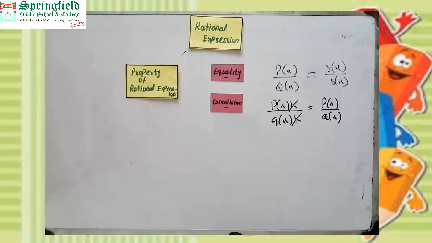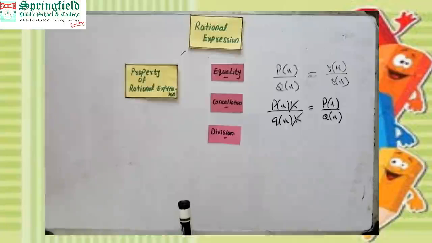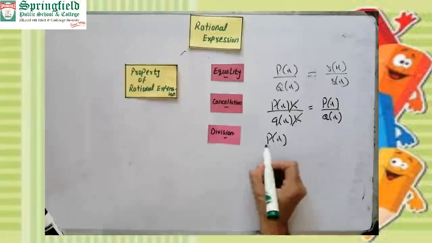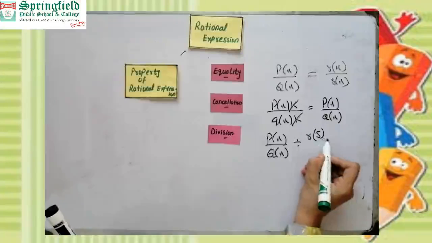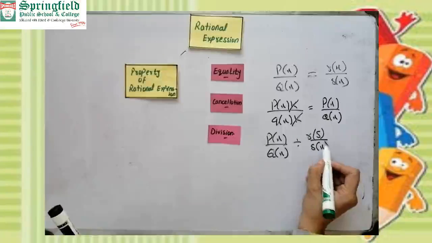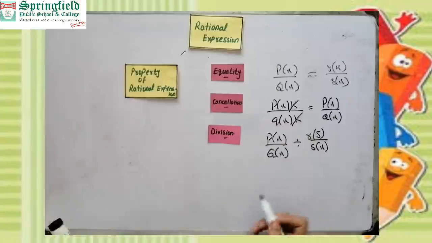And then the division property, which means we can divide, just like p of x divided by q of x divided by r of x and s of x. Then division can be converted into multiplication, and then we can solve.